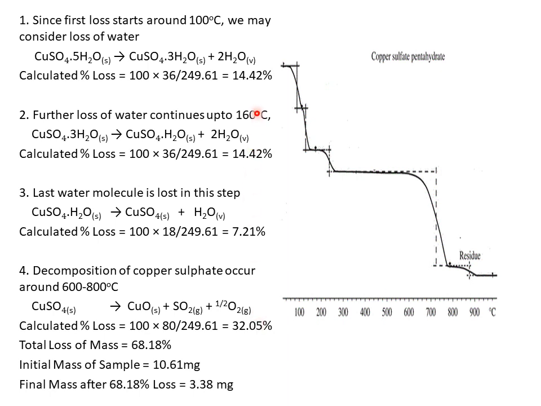So all these 4 steps and their percentage losses, we'll add them, and this gives the total loss of mass, and that is 68.18%. The initial mass of the sample was 10.6161 milligram. The final mass which remained there was 3.38 milligram.